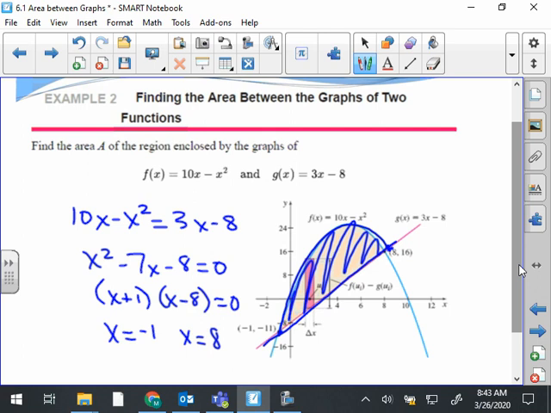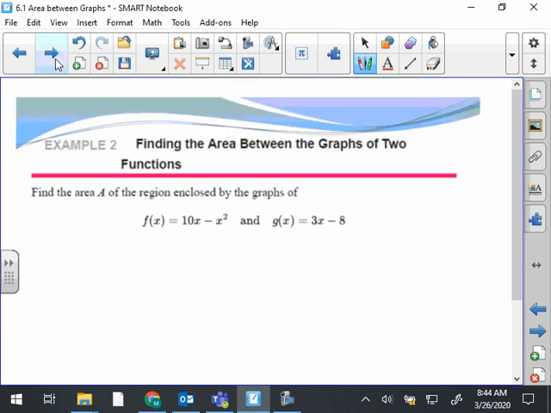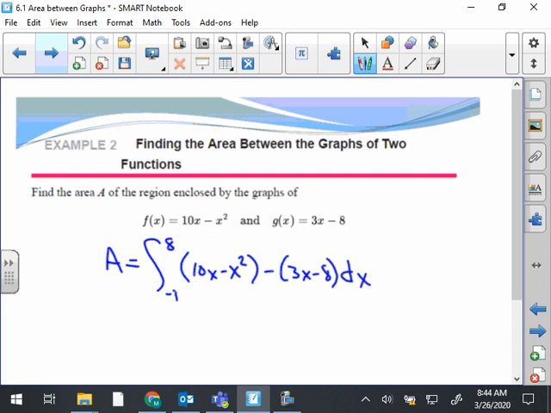Okay? So what we're going to try to find is the area. We're going to use the interval from negative 1 to 8 of 10x minus x squared minus 3x minus 8.